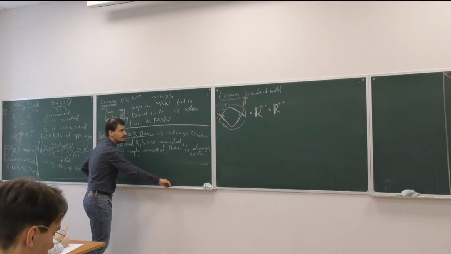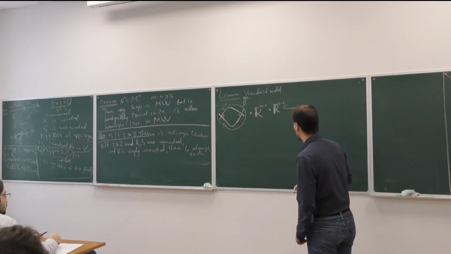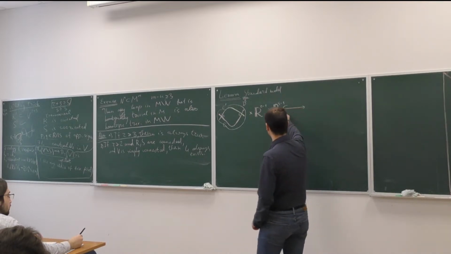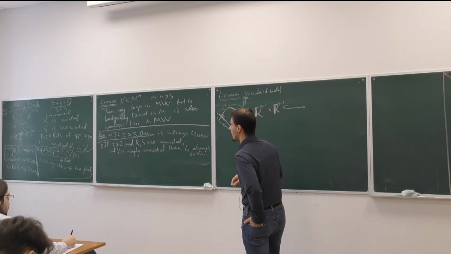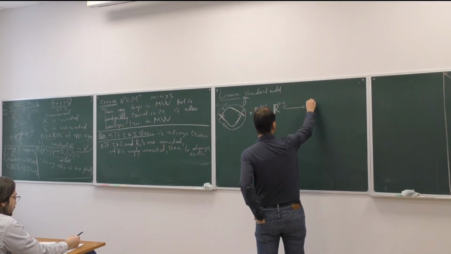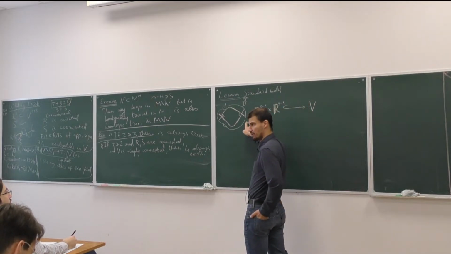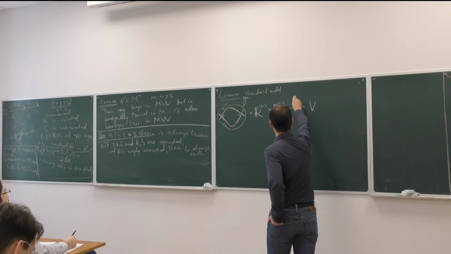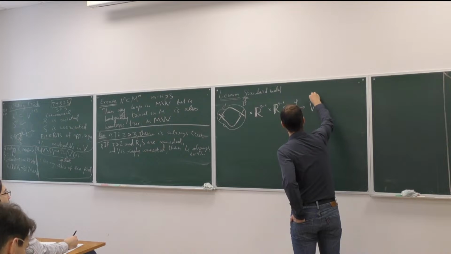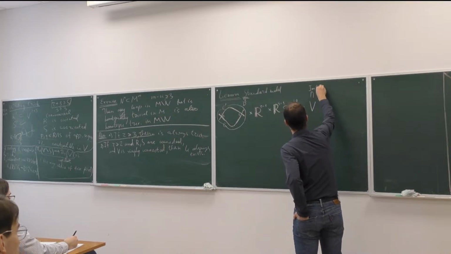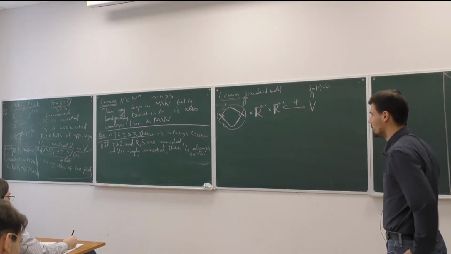So the claim is that there is an embedding of this thing into a submanifold of the same dimension. If we have such an embedding, I would like to denote its image by U. Which properties do I want?